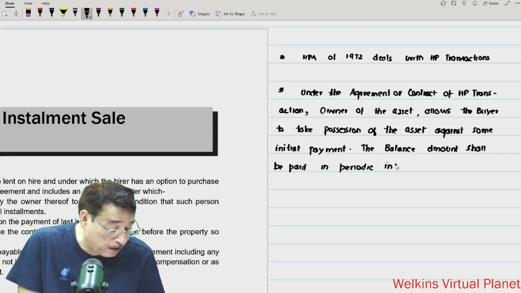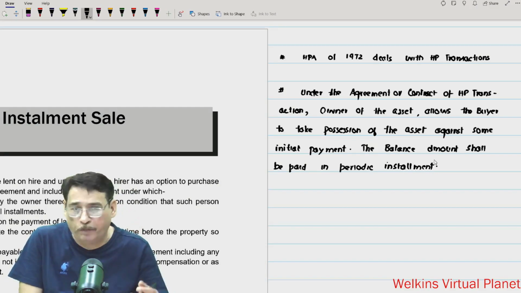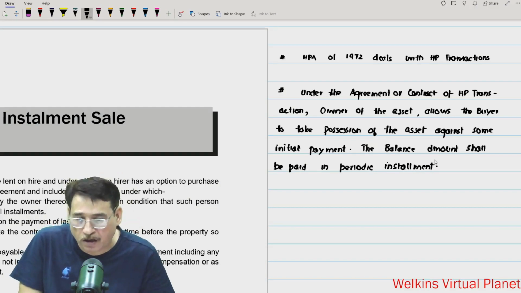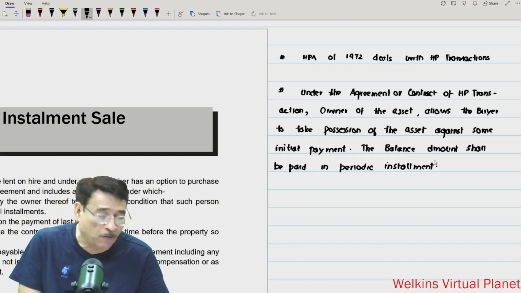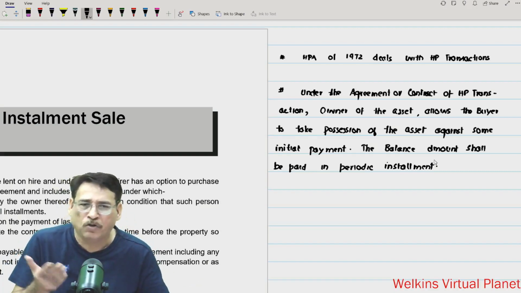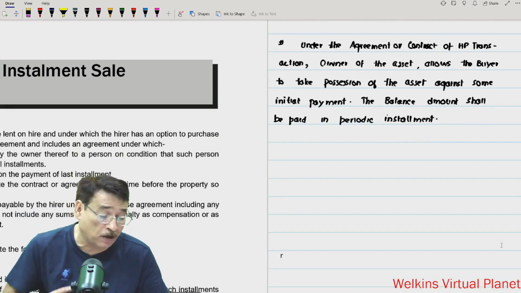Of course, the balance amount will be paid by the buyer in some periodic installment. The installment could be monthly, yearly, or quarterly, it could be anything, but it will be mutually agreed. So this is what we mean by hire purchase transaction.